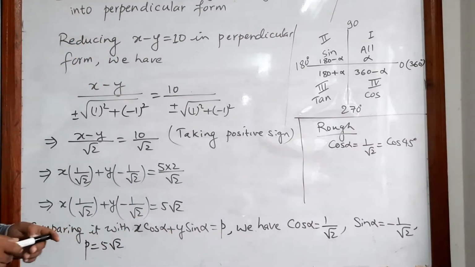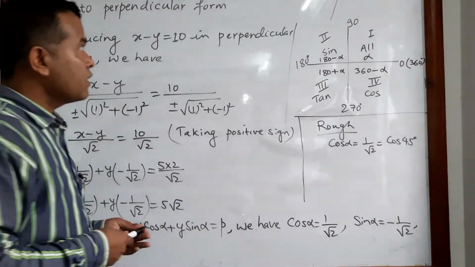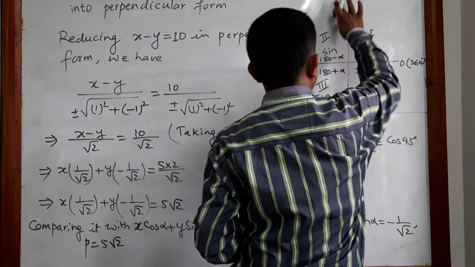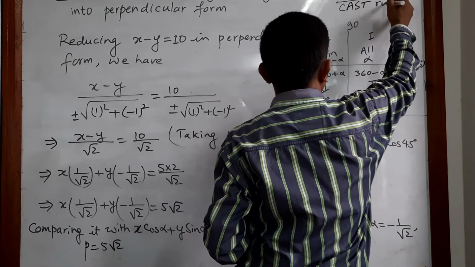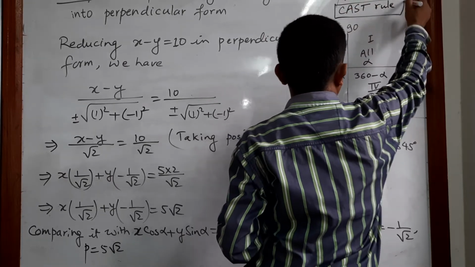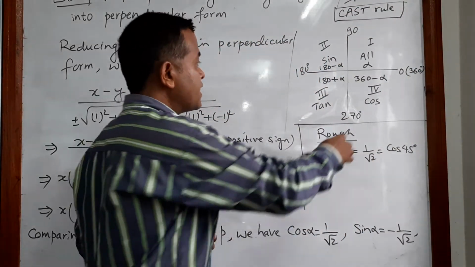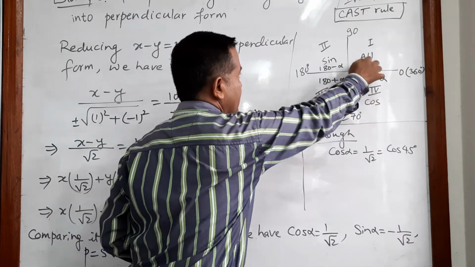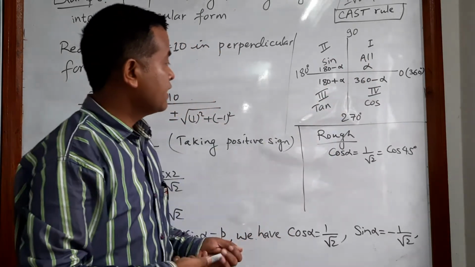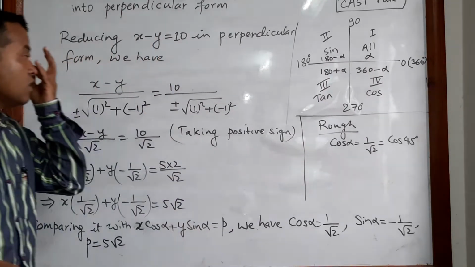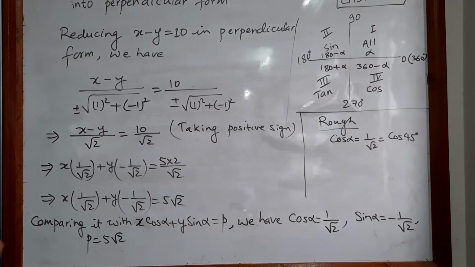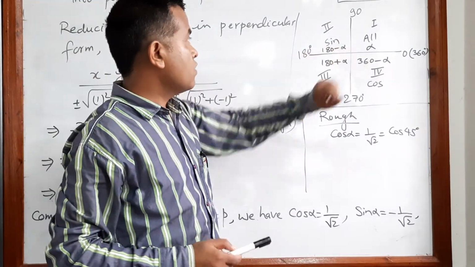This quadrant rule can be remembered by using the CAST rule. You can start writing from the fourth quadrant, CAST. Using the CAST rule you can remember this quadrant rule.